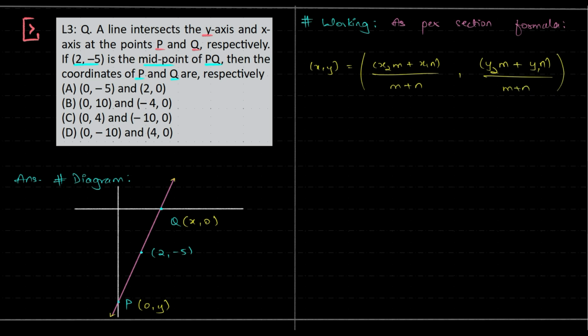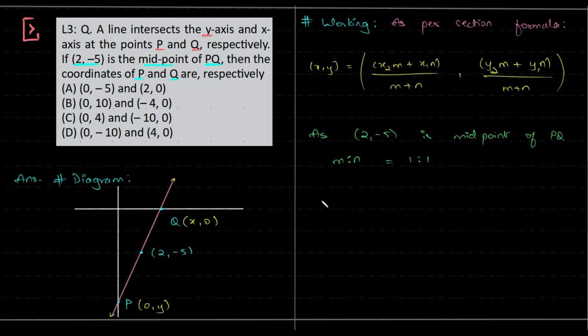Close the bracket. So (x, y) is (2, -5). Before that I need to make a few things clear. We don't have m and n values, so we'll just go with (2, -5) is the midpoint of PQ. m is to n is equal to 1 is to 1.